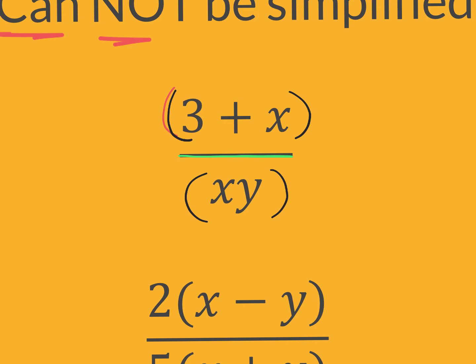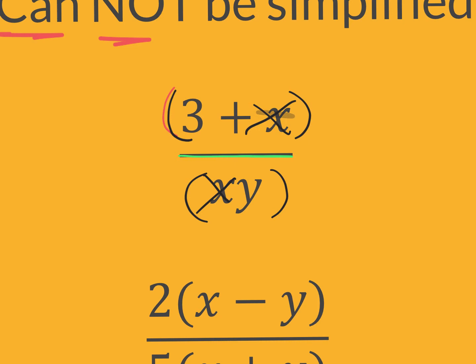So in order to cancel that 3 plus x, there has to be a 3 plus x in the bottom. I cannot simplify the x and the x, because the x in the numerator is attached since it's got a plus sign. So this cannot be simplified any further.